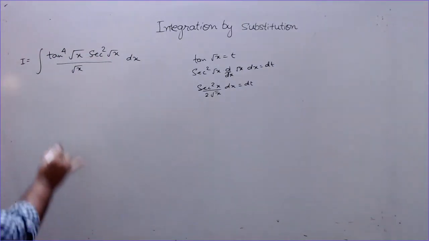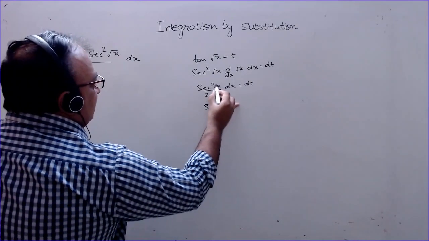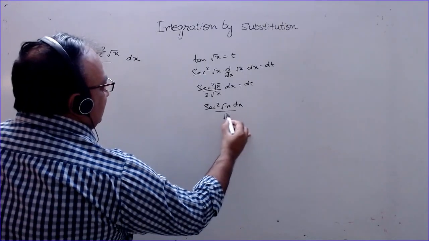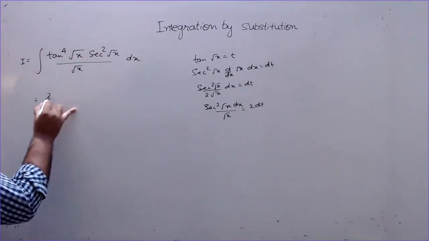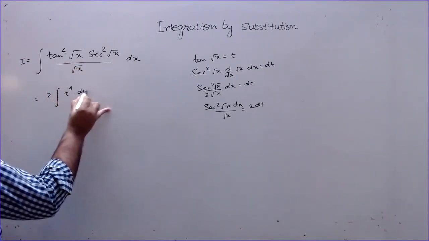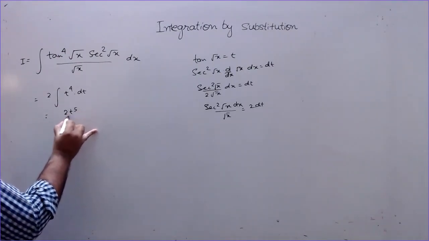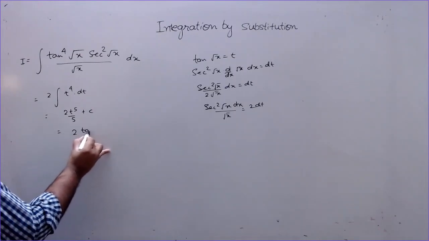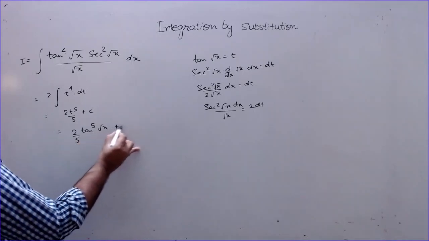So this is equal to sec square root x over root x dx is 2 dt. So 2 t to the power 4 dt. So 2 t to the power 5 by 5 plus c, the answer is 2 tan to the power 5 root x by 5 plus c.